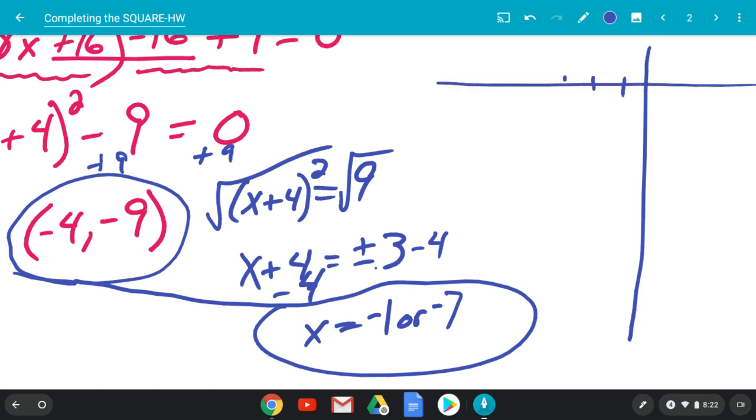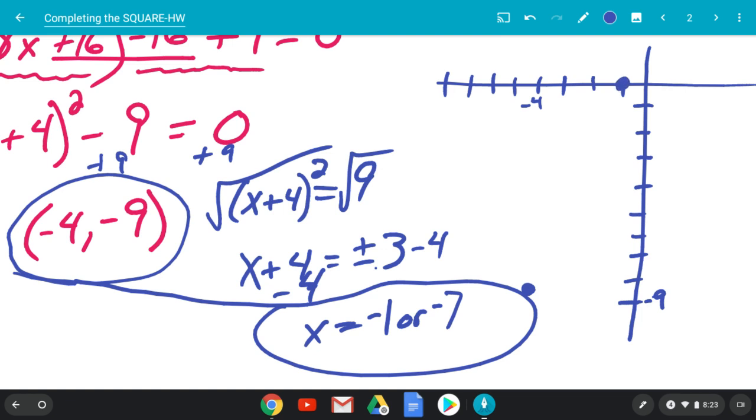1, 2, 3, 4, 5, 6, 7, 8. 1, 2, 3, 4, 5, 6, 7, 8, 9. What's my vertex? Negative 4, negative 9. About right there. Yes? What are my solutions?